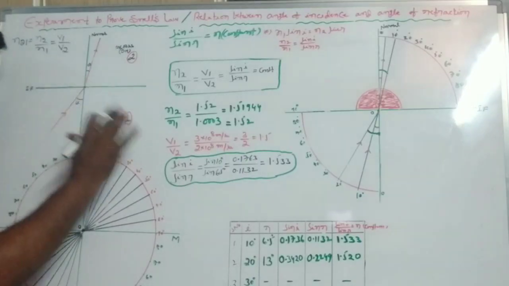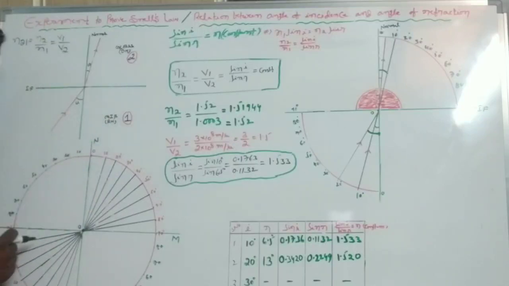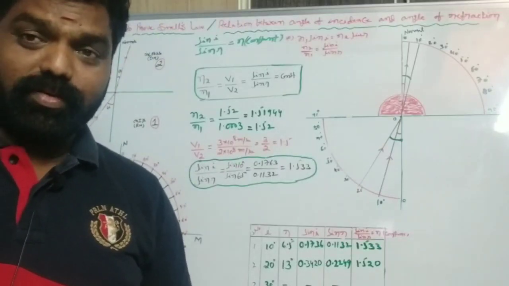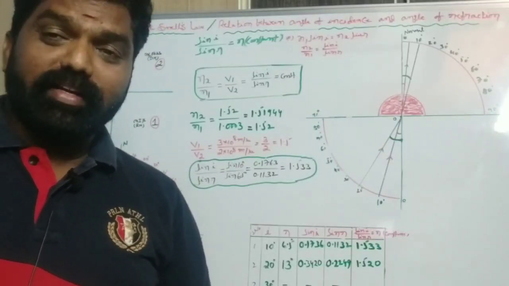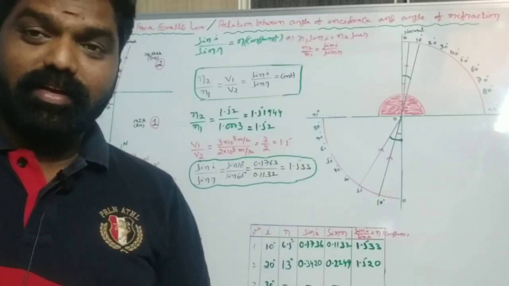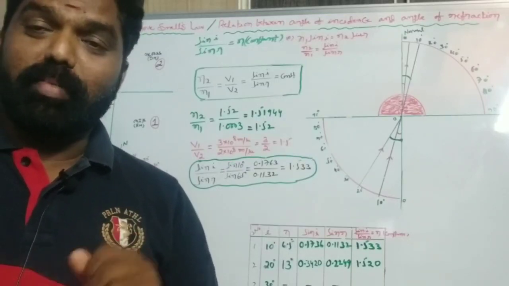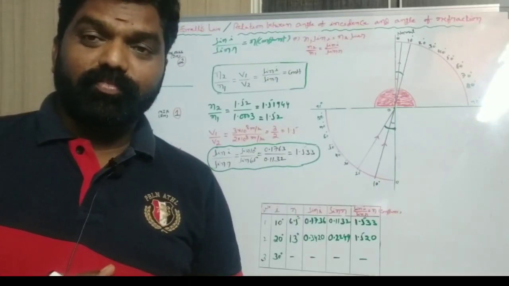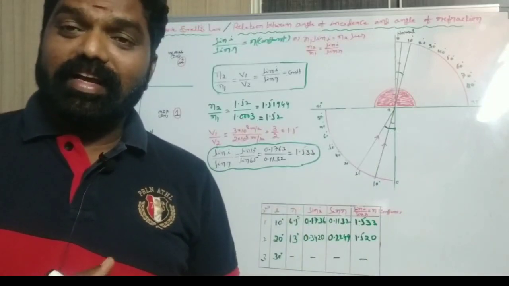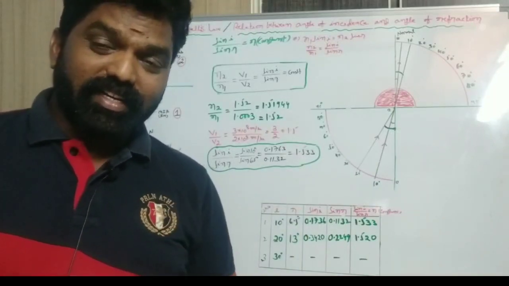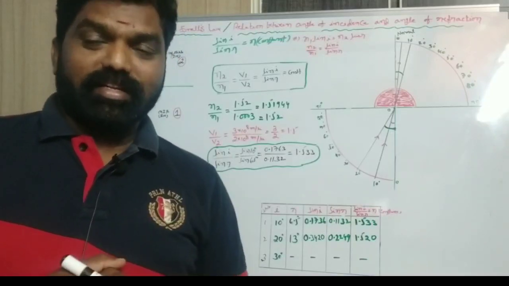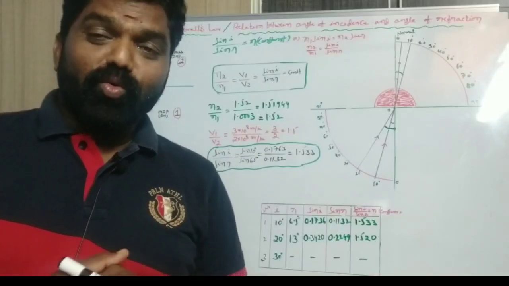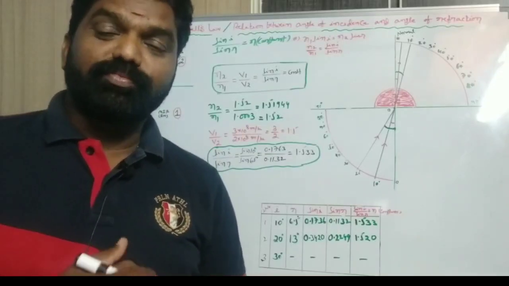Right? Now we want to prove Snell's law. Required materials for this activity: one is a wooden plank, white chart, meter scale, pencil, circular protractor, semicircular glass disc of thickness 2 centimeters, laser light, and one more wooden plank with black paint.